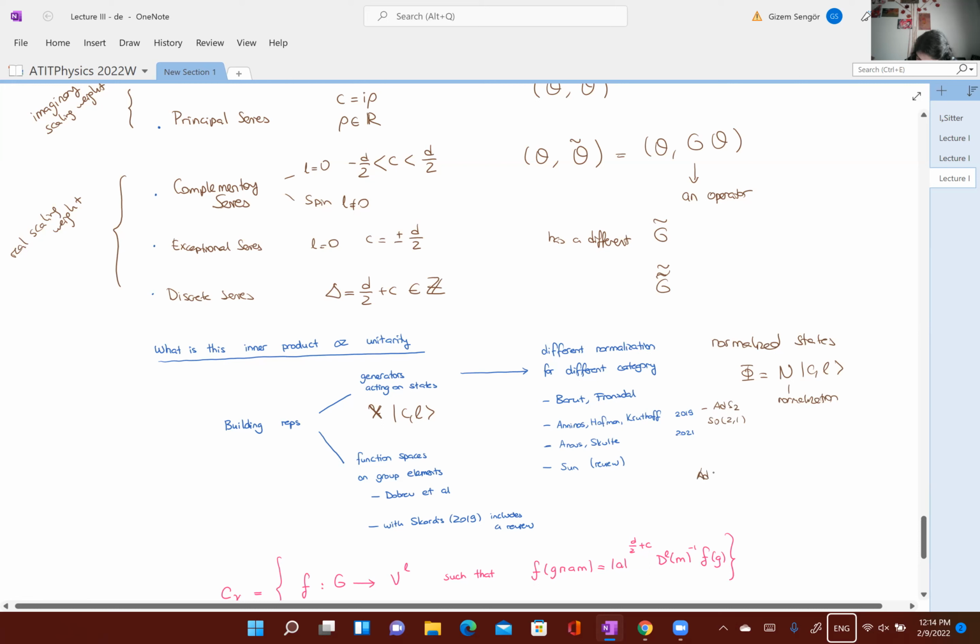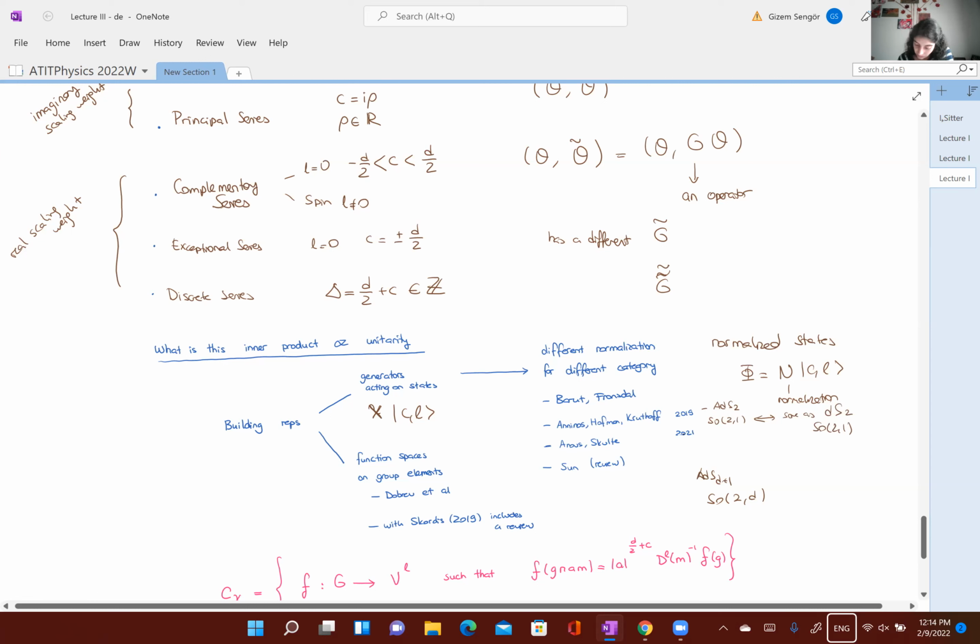Remember, AdS D+1 has isometry group SO(2,D), but when D is 1, it's just SO(2,1). In two dimensions something special happens, and this is the same as the isometry group of dS2, which is SO(2,1). So they study things on AdS, but because they're doing this in two dimensions, they come across things specific to de Sitter.